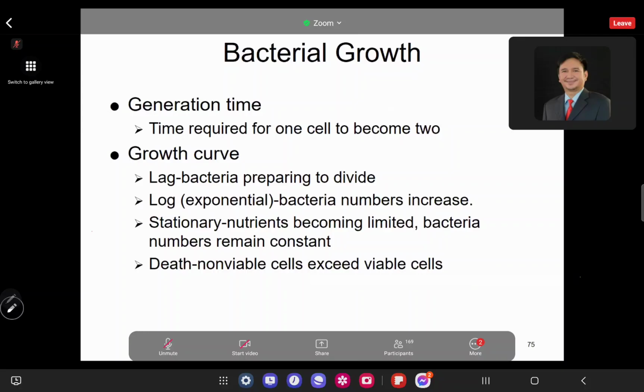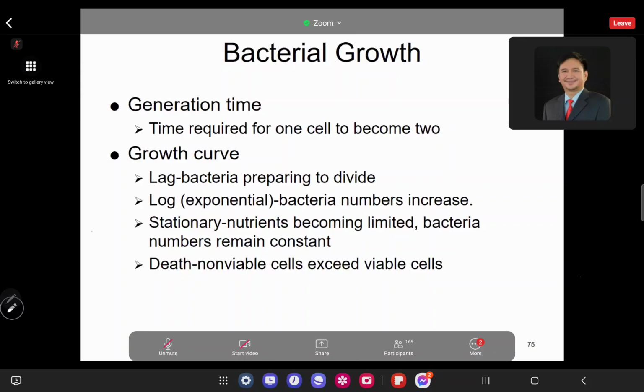The generation time, as I discussed a while back, refers to the time required for one cell to divide into two. So this would be the lag phase of the bacterial growth curve. For the lag phase, bacteria prepare for division by synthesizing necessary components.